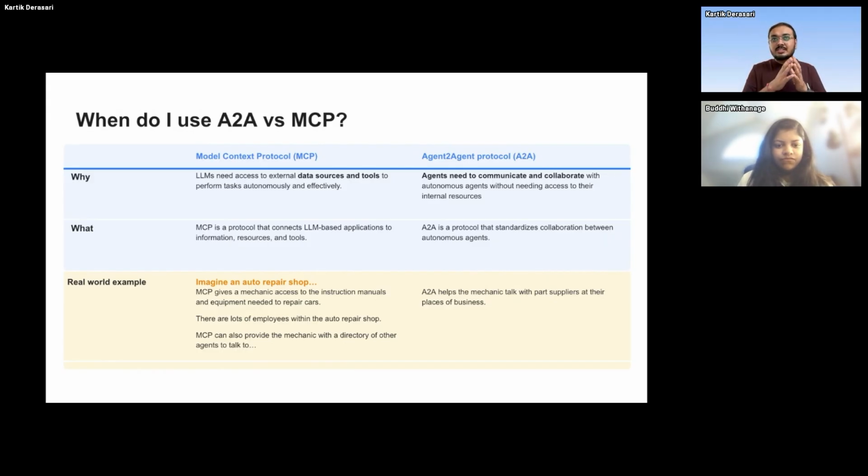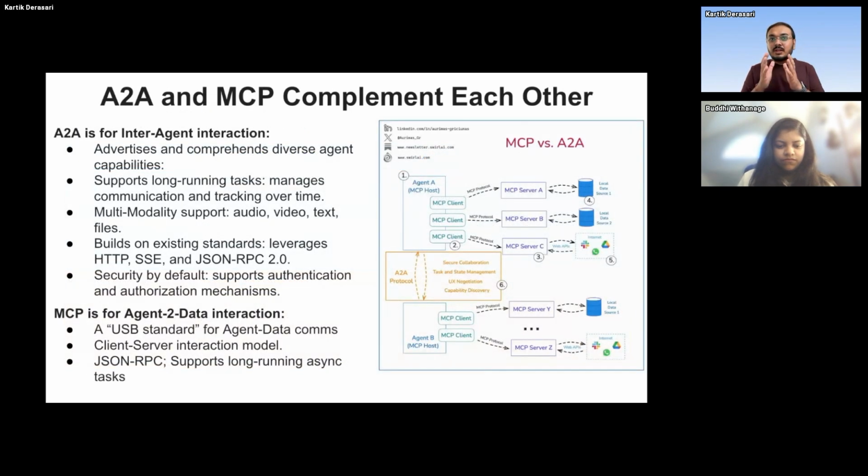Think about this in a way where you have built agent A, for example, and you have built agent B. Agent A is equipped with multiple different MCP integrations, so you can have different data sources integrated with agent A. This agent A is talking to these data sources using the MCP integration.